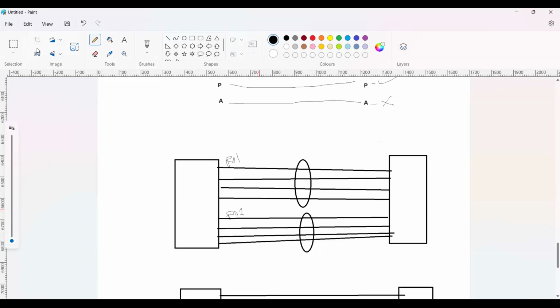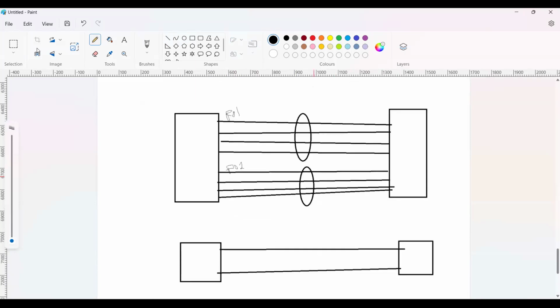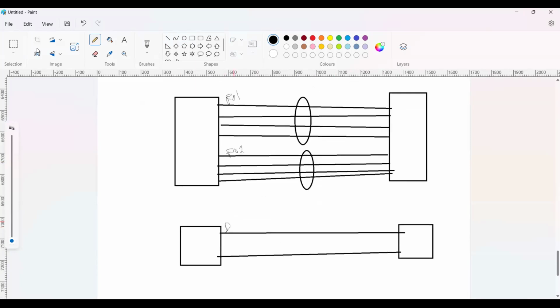So we have a redundant port channel also here. This is a DP, designated port, and this one is also a designated port. Here we have the RP, root port, and here we have the alternate blocking port. Here also the same thing: these are all DPs, and this one is the alternate.